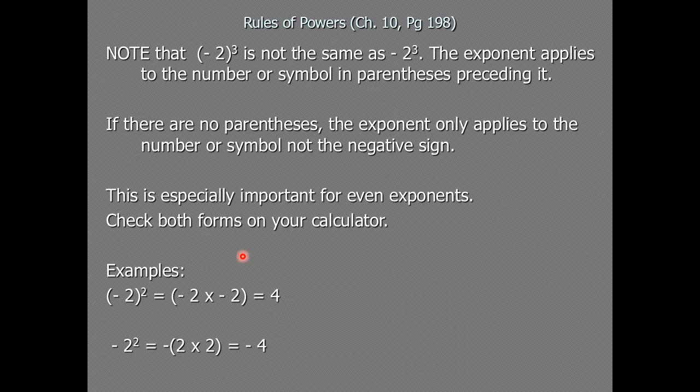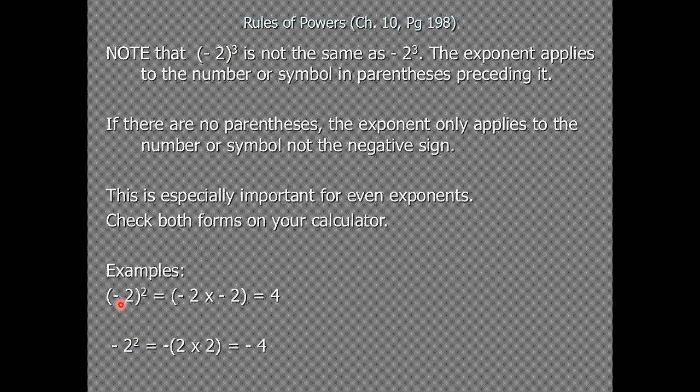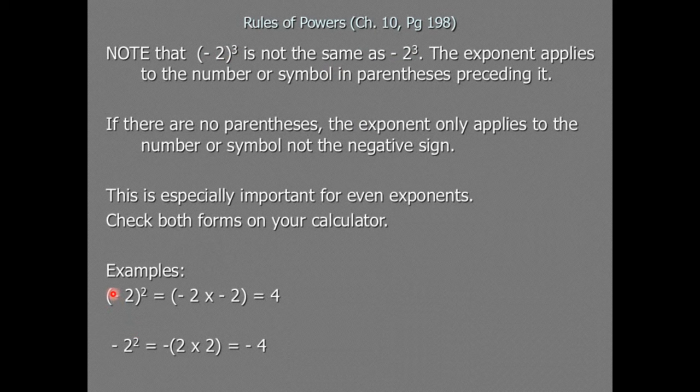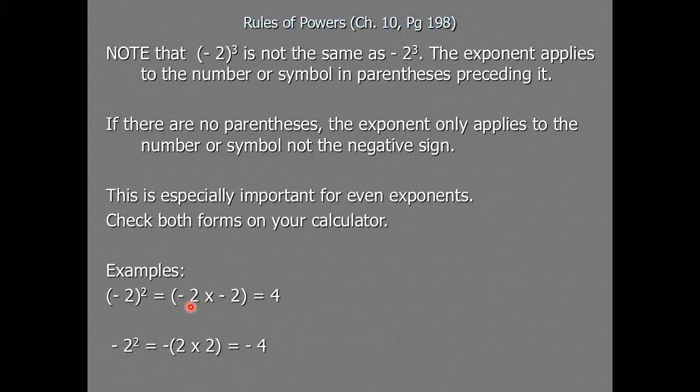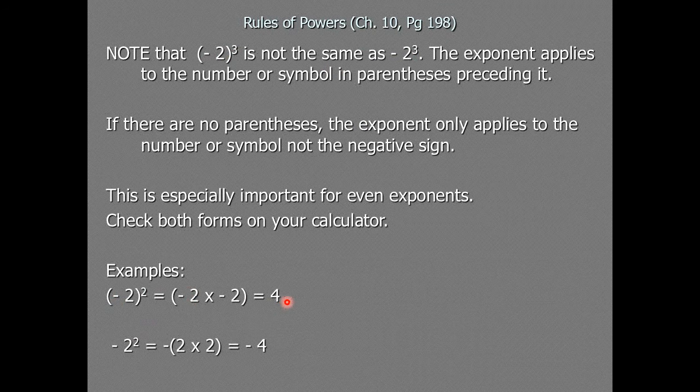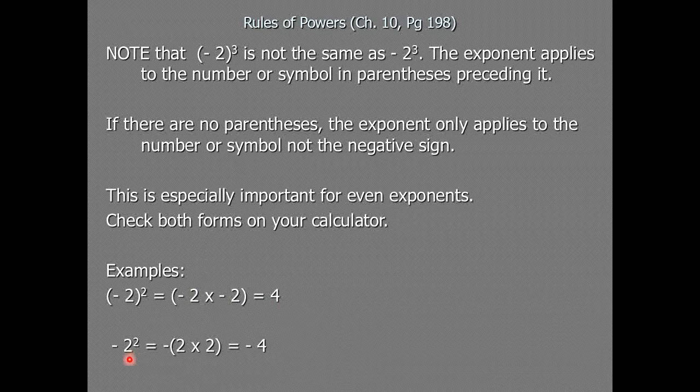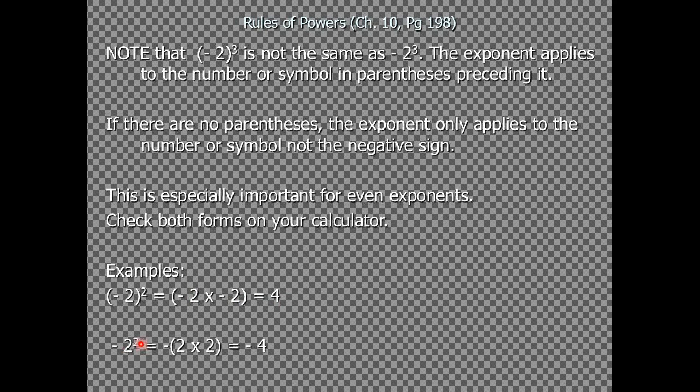For an example, look at this example here. Negative 2 whole square, because the negative sign is included in the power, is applied to the power. So you are actually multiplying negative 2 times negative 2, which becomes positive 4, right? But if we don't have the parentheses, then the square is actually applied to only 2, not on the negative sign.